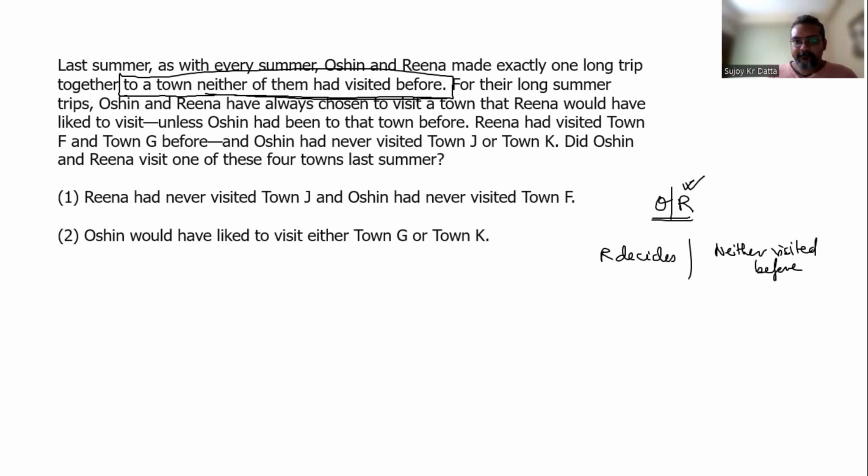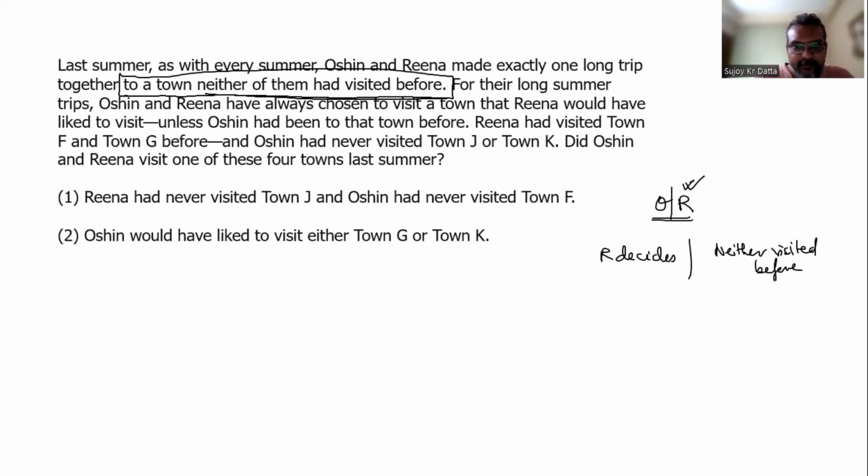And the other case is O also. If R has decided and O has already visited before, then it will be dropped. So there are two conditions. Who decides? R decides. What's the other condition? Neither must have been to that town before.